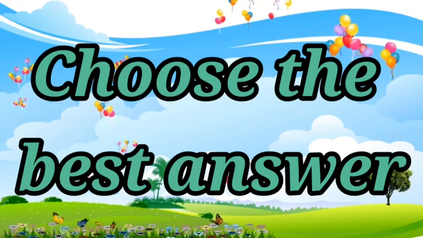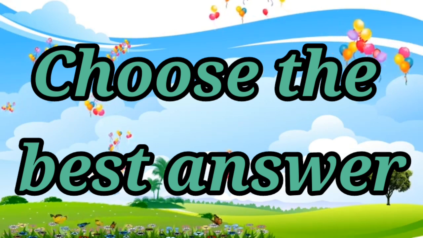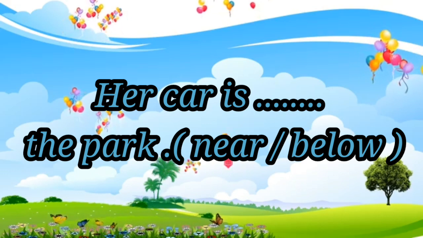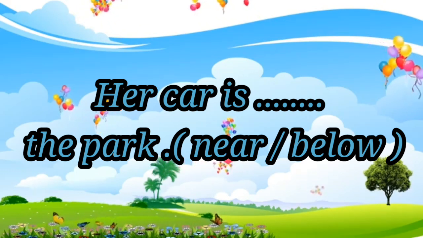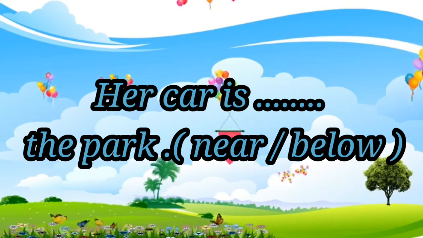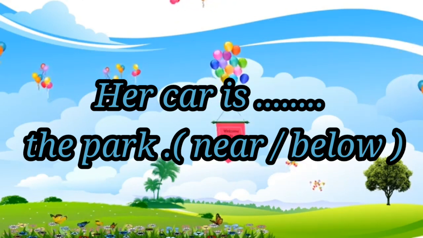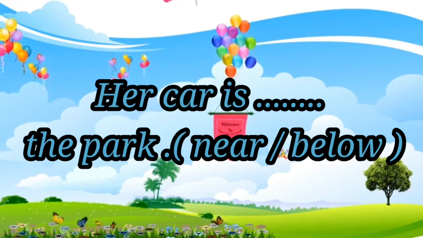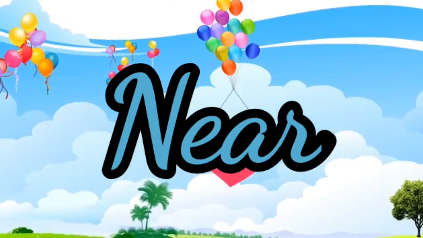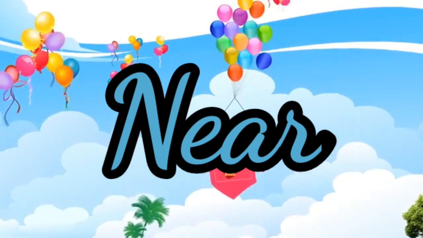Choose the best answer. First one. Her car is dash the park. The options are near, below. What is the right answer, children? The answer is near. Her car is near the park.